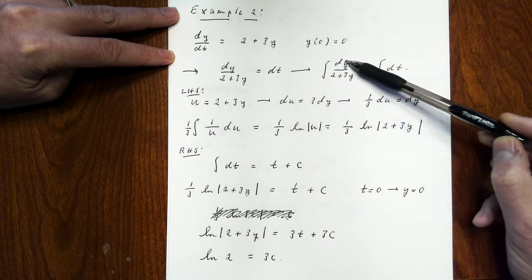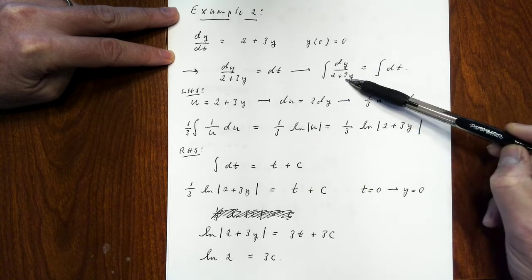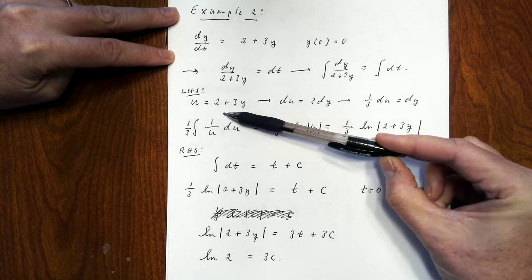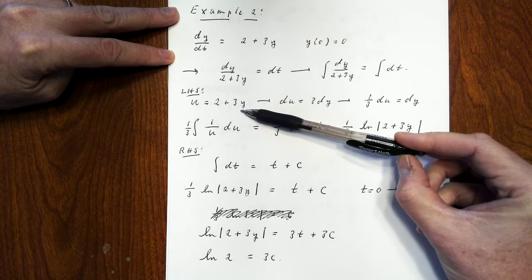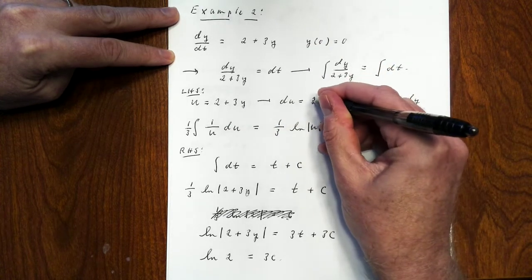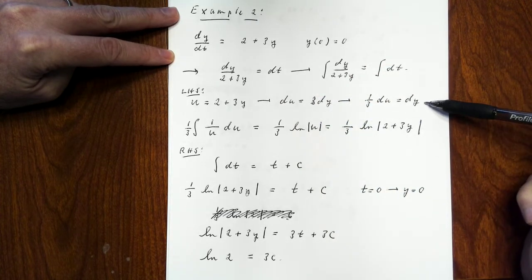Now, if I integrate 1 over 2 plus 3y, on the left-hand side here, I have to be careful and do it by substitution. u equals 2 plus 3y, so du is 3 times dy. This is a 3, which says that 1/3 du is dy.